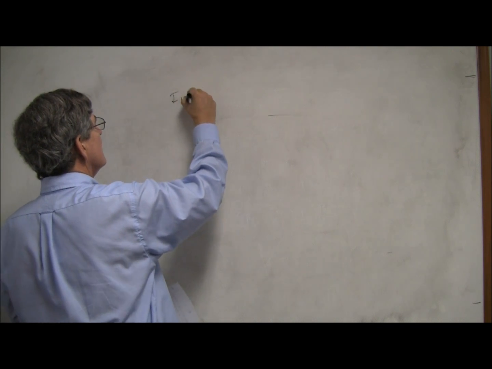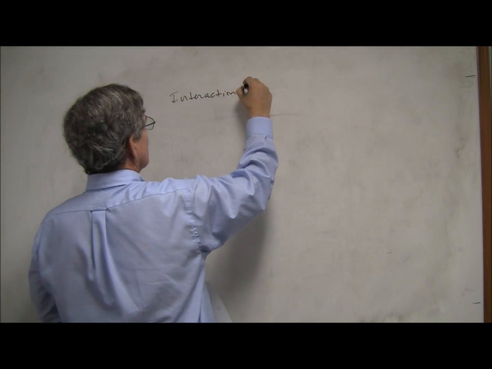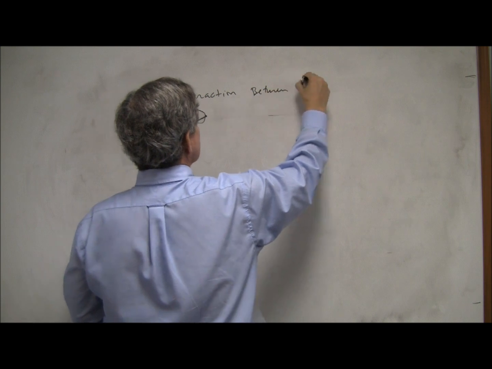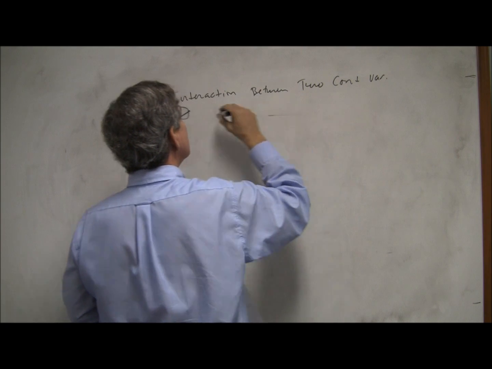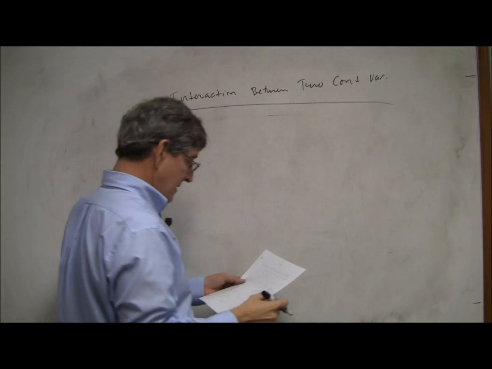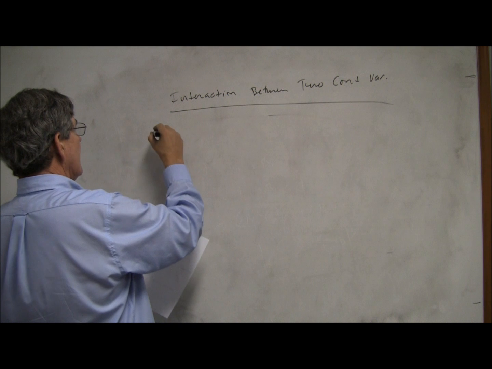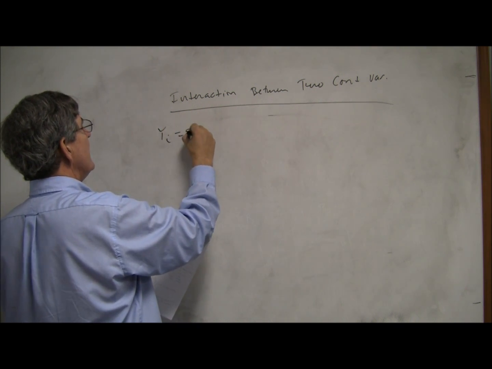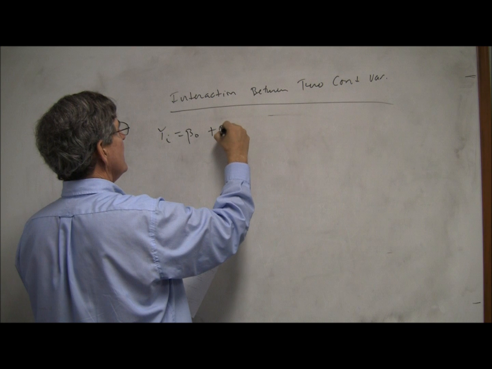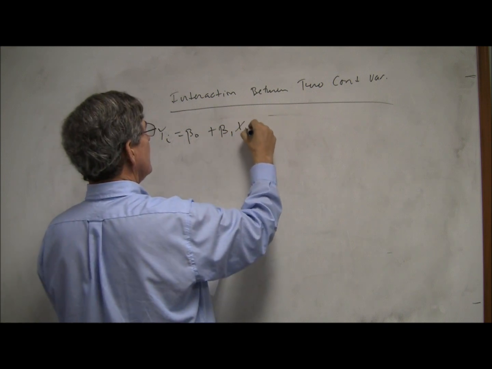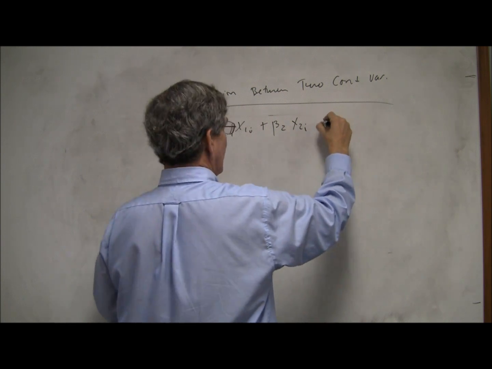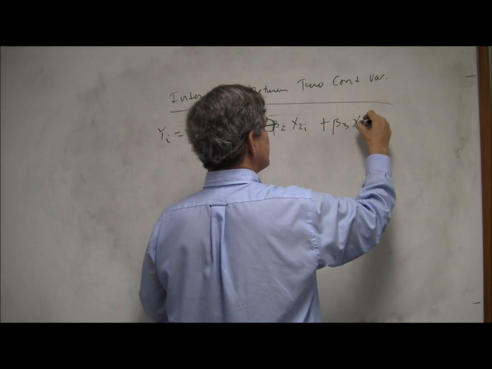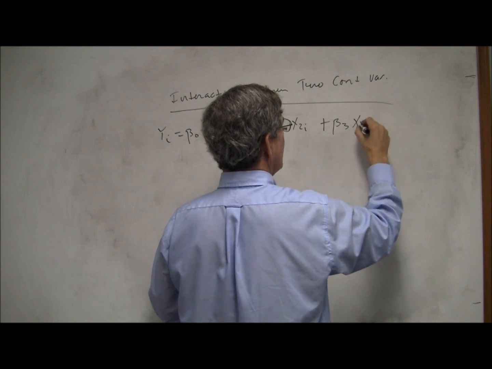Finally, we can do an interaction between two continuous variables. So in that case, you might have something like y_i is beta 0 plus beta 1 x_1i plus beta 2 x_2i plus beta 3 x_1i x_2i.